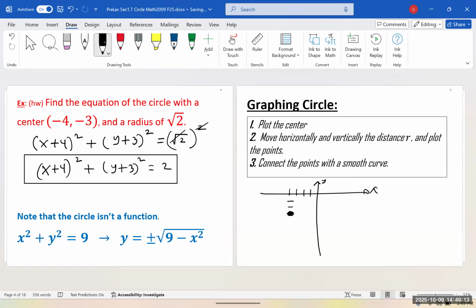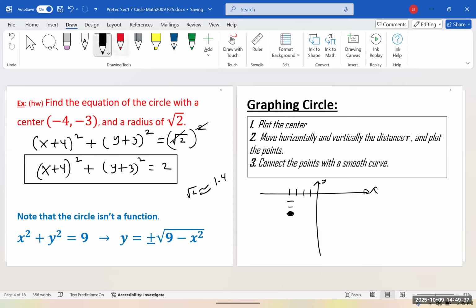And our radius is the square root of 2. How much is the square root of 2? Do you know? Approximately. Does anybody know how much is the square root of 2? 1.4, and so on. So it's close to 1.5.